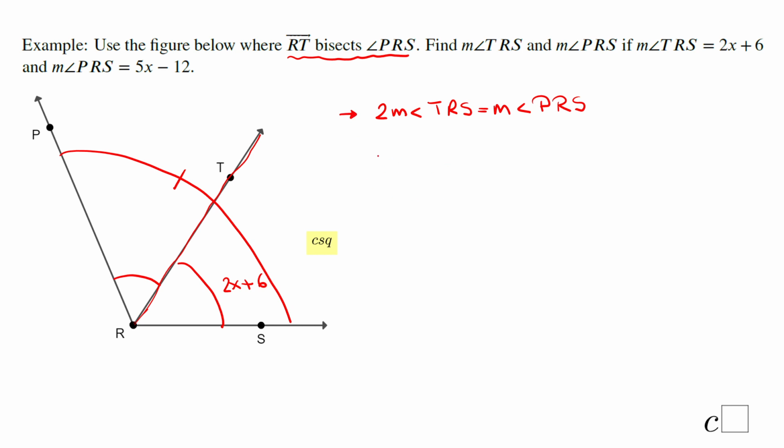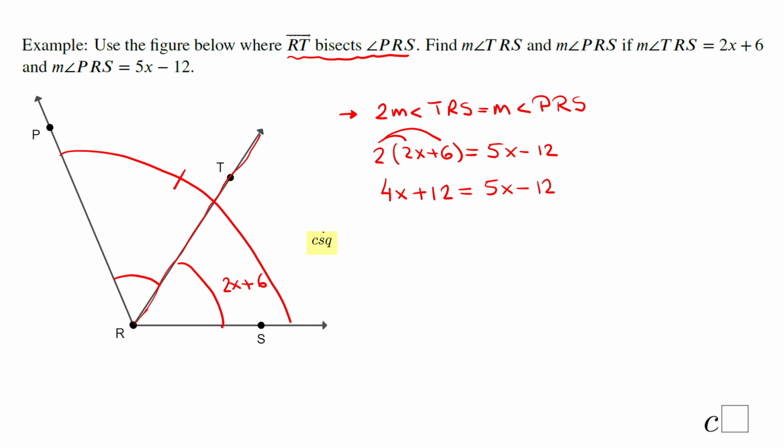So we have twice the measure of angle TRS, 2x plus 6, equals the measure of angle PRS, 5x minus 12. So now we have an equation. I think the best way is to do the distributive property, and that will be 4x plus 12 on the left side, and the right side stays as it is.